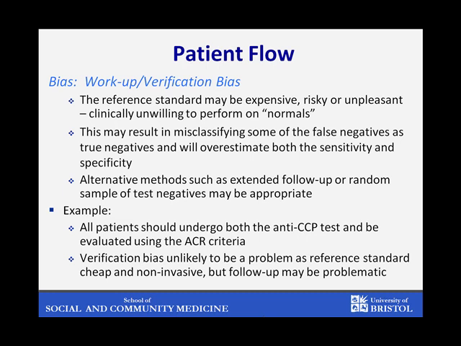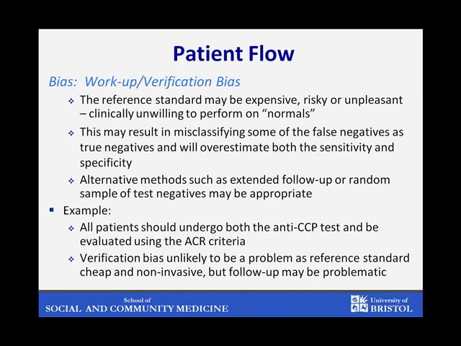So, for example, if the index test was something like an exercise ECG, but the reference standard was a coronary angiogram, patients may actually feel that if their index test is negative, they don't want to go through the invasiveness of the coronary angiography. The problem is, what do you do with these patients?